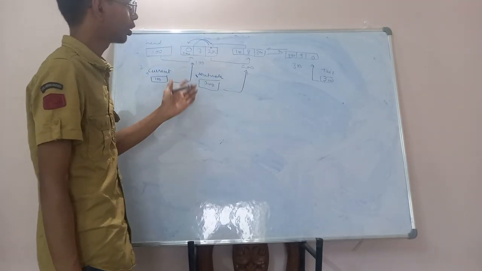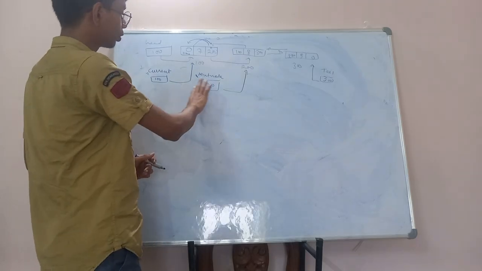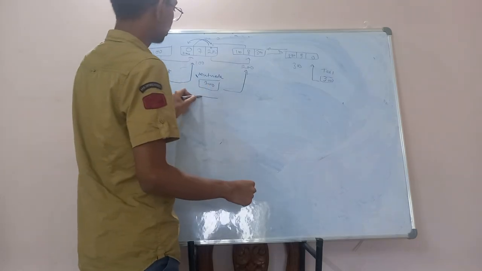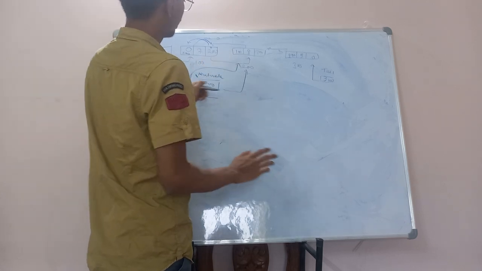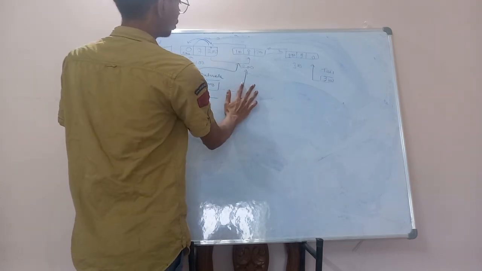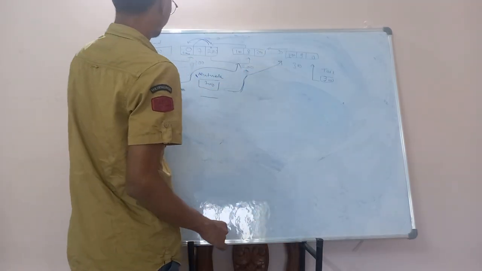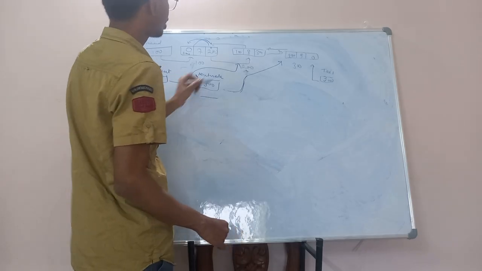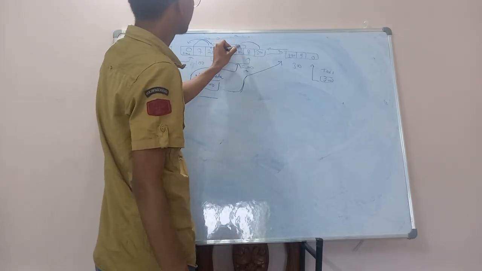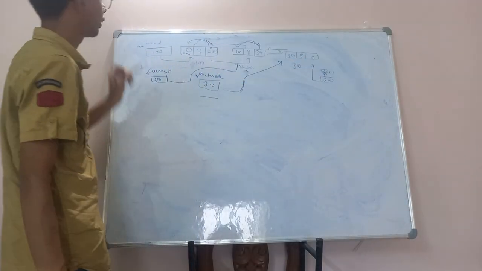And then again, going through the loop, I will make my current point here and next node here. This will be 200 and this will be 300, and then I will again exchange this value, and at last I will swap my tail and head, right?